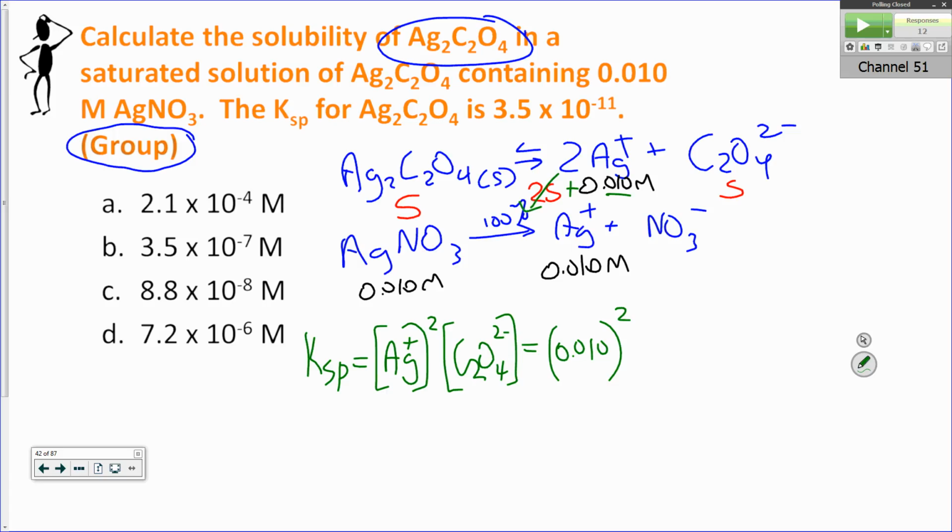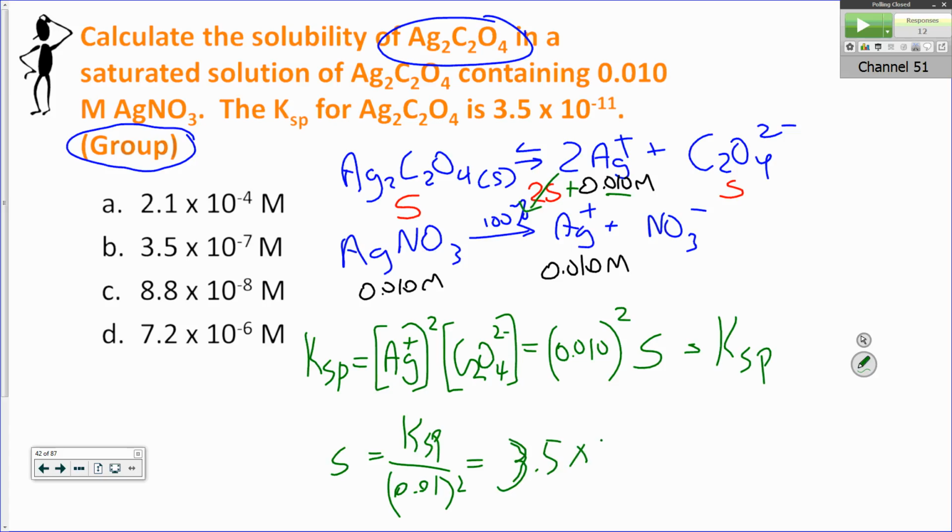Times the concentration of the oxalate ion, which is the solubility, equals KSP. So solubility equals KSP divided by 0.01 squared. KSP is 3.5 times 10 to the minus 11, and 0.01 squared is 10 to the minus 4. Divide that in, and that's going to be 3.5 times 10 to the minus 7.